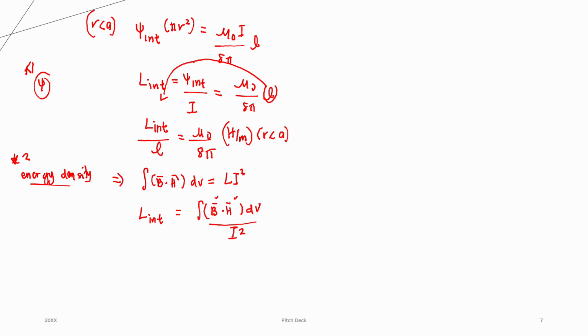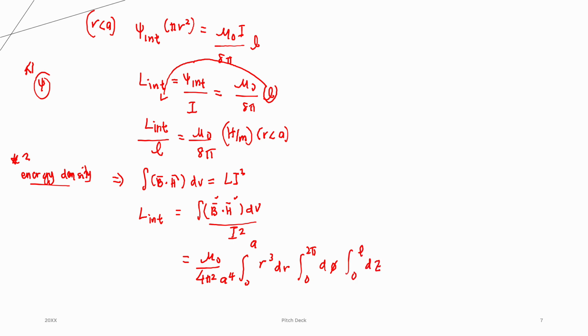B and H are the ones that we calculated earlier, so we can straight away put them in. It is going to be mu naught over 4 pi squared a to the fourth, with limit 0 until a for r cubed dr, 0 until 2 pi for phi, and 0 until L for dz.